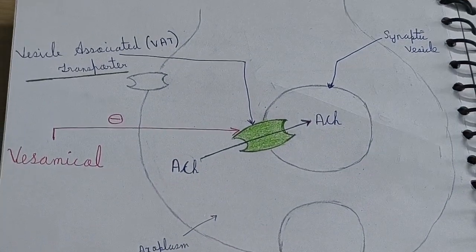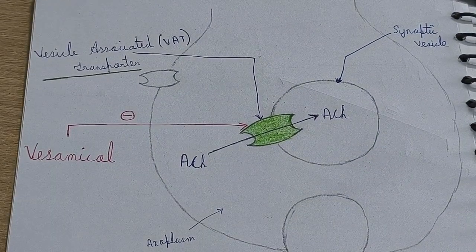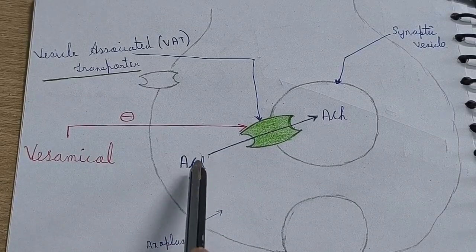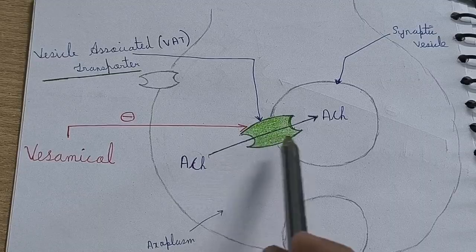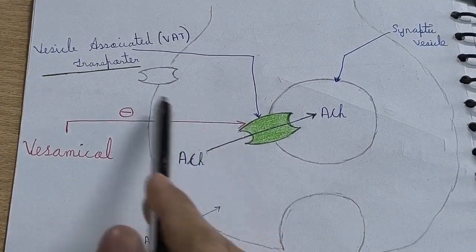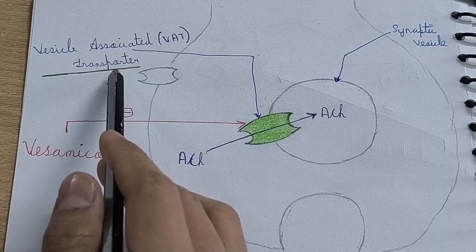Now there is a drug known as vesamicol, and this vesamicol inhibits the active transport of acetylcholine from the axoplasm to the synaptic vesicle by inhibiting the transporter, the vesicle associated transporter.